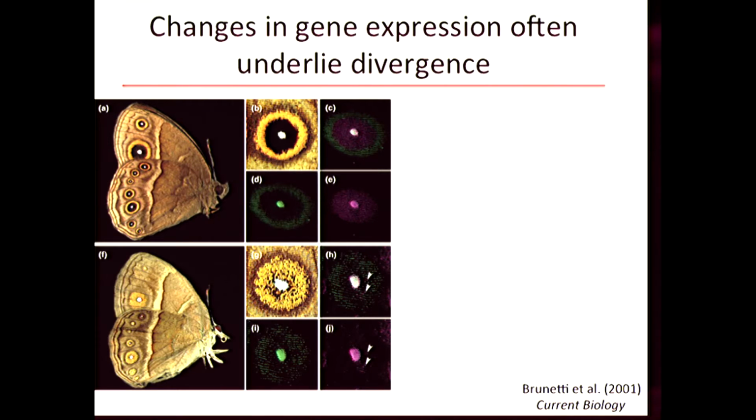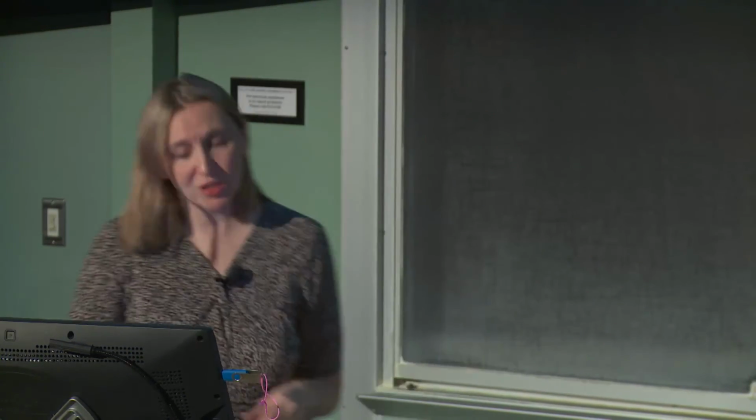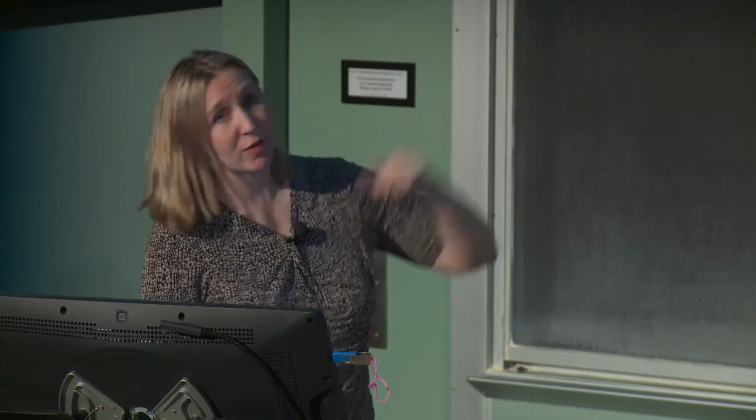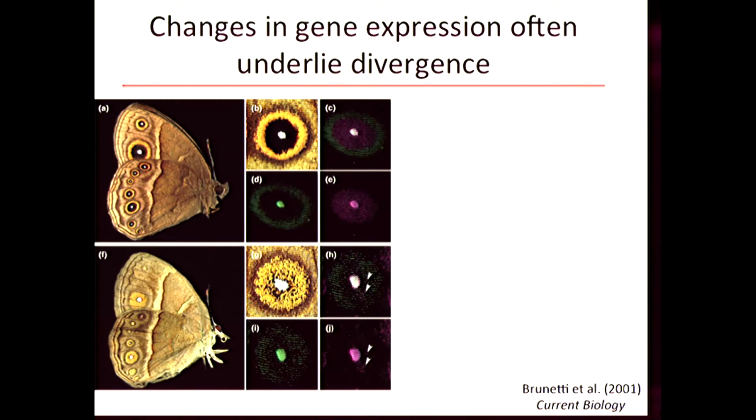So it's now become a research tool, antibodies. And we can connect that antibody to a fluorescent label, so a colored dye, in essence, that we can see. So when we do that, we can look at which cells, so again, this butterfly is made up of cells, which cells are producing a particular gene product that might be making some cells have yellow pigment, and some have black, and some have white.